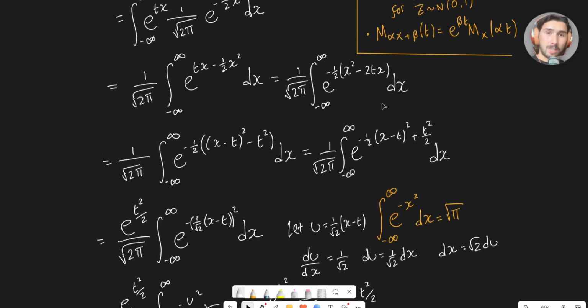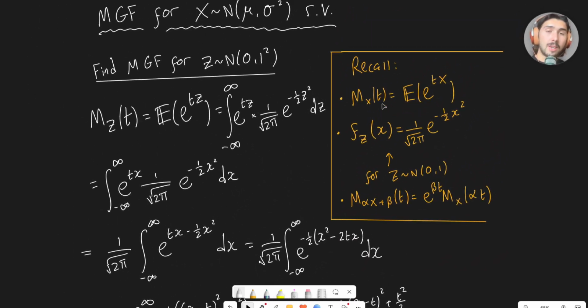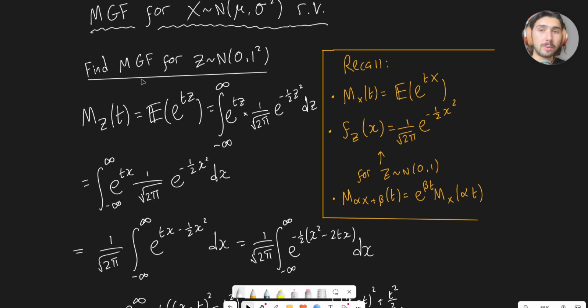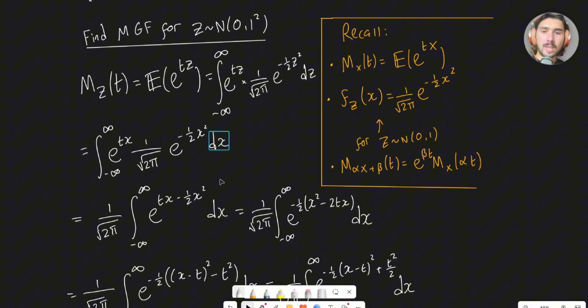Let's just recap what we did, because we did a lot of things here, but that is all there is to it. We found the moment generating function for a standard normal distribution, because it is much easier to do that integral. The algebra is much easier, so it is worth doing. We used the probability density function of the standard normal distribution and did a bunch of algebra.